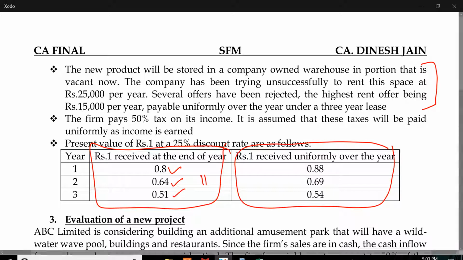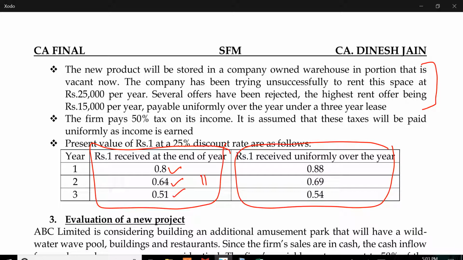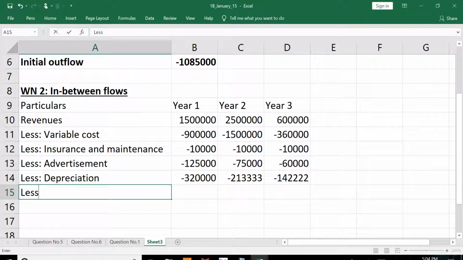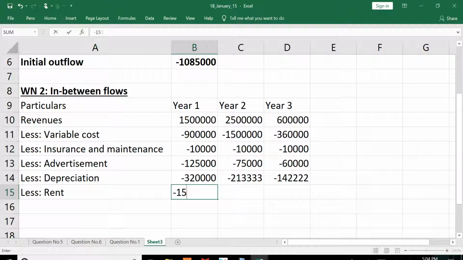Relevant, irrelevant, and if relevant, how much? It is 15,000. The new product will be stored in a company owned warehouse. The company has been trying unsuccessfully to rent the space for 25,000. Several offers have been rejected, the highest rent being 15,000 per year. Now listen, because I am going to manufacture this, I lose a rent of 15,000. I don't lose 25,000.